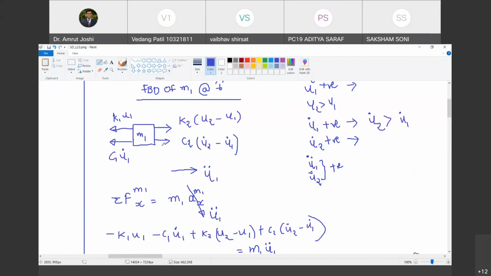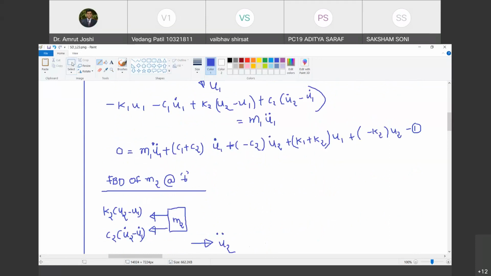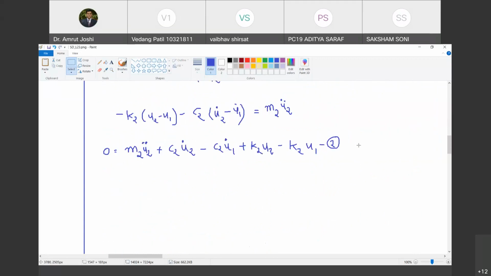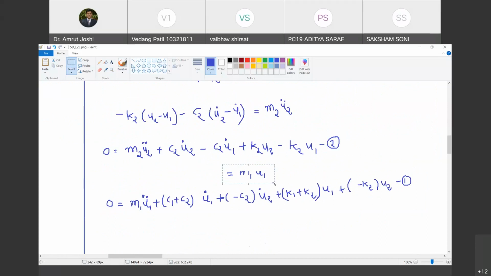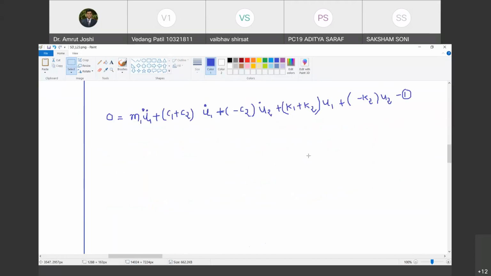Now let me bring equation number 1 here. So if we take equation number 1 there, and just below that let me repeat this equation number 2. And if we were to write down these two equations in matrix form, how are we going to write it?